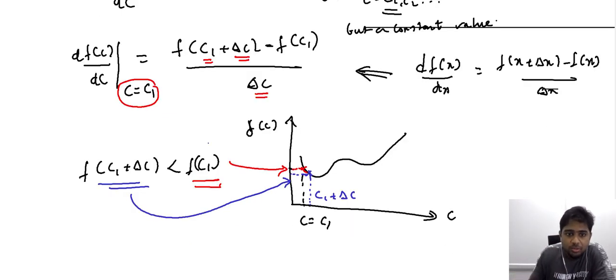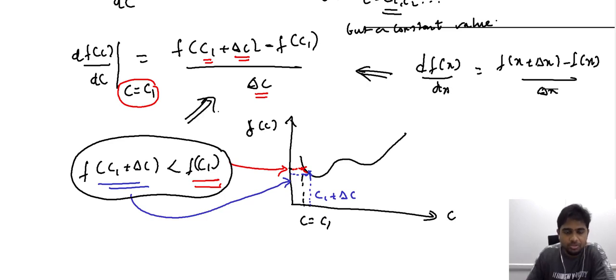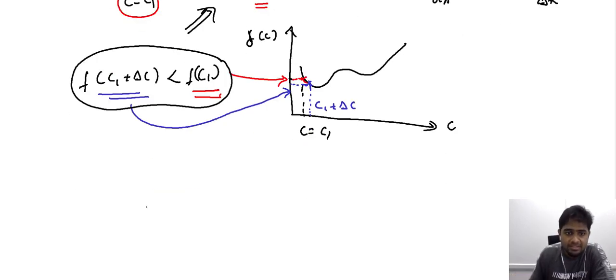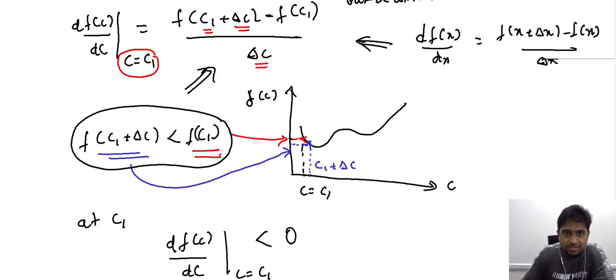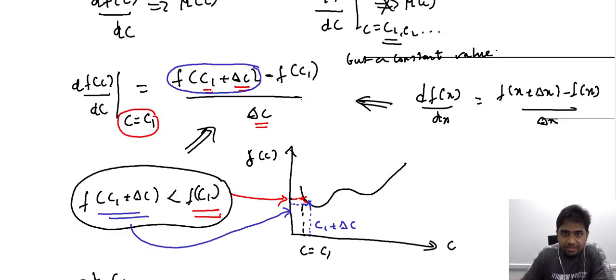So when you consider this relation that you have observed from the curve and substitute it here, what you end up having is that at C1, the derivative of the function is less than 0, because the first term, indicated in blue, is less than the second term, indicated in red.